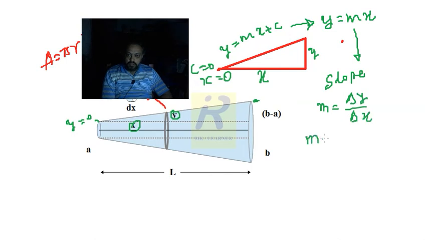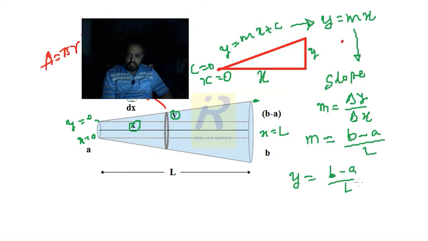So, m equals delta y, which is b minus a minus 0, that is b minus a, divided by delta x. The conductor extends from x equals 0 to x equals L, so delta x is L. So this much is the slope value. Now what can I write for the equation of y? This is b minus a divided by L, into x. So this is the expression for y.